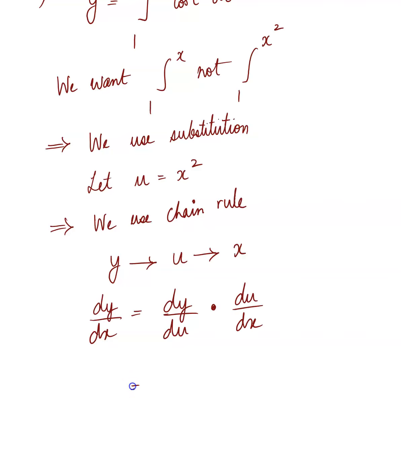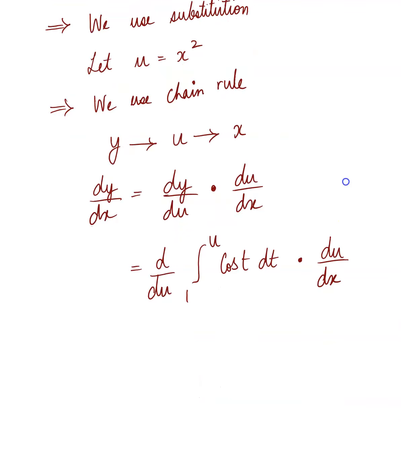That means we take the derivative with respect to u, not with respect to x as we did before, because you are replacing your x squared with a u. So it's d over du of the integral of cosine t dt, times du over dx. And again, this is f of t, and therefore, according to Fundamental Theorem of Calculus Part 1, this gives us back f of u.